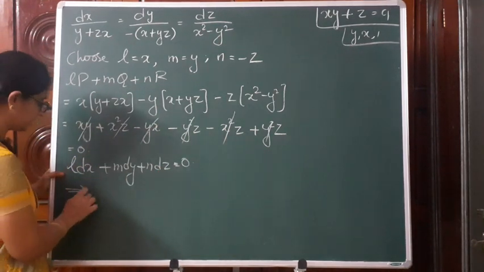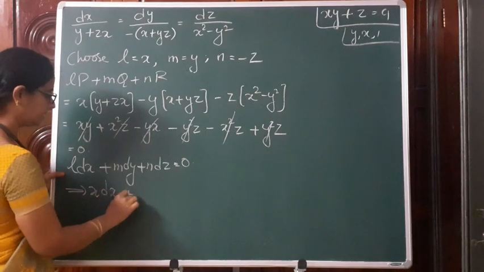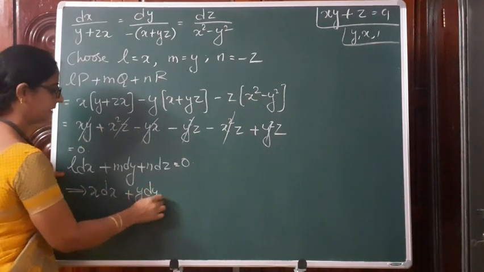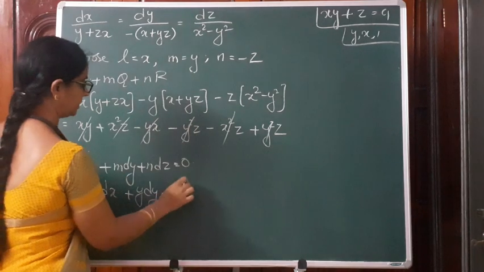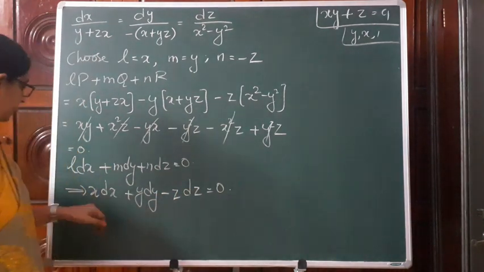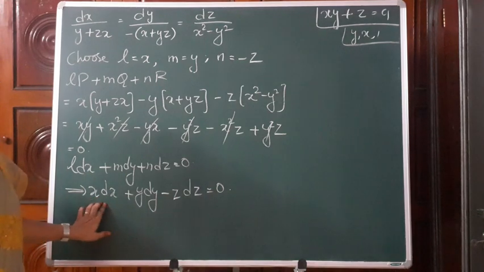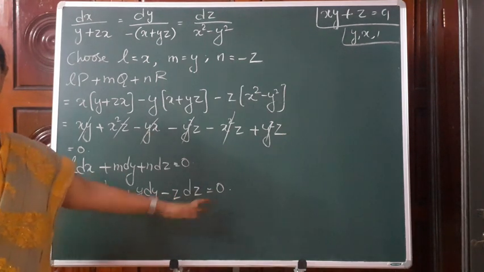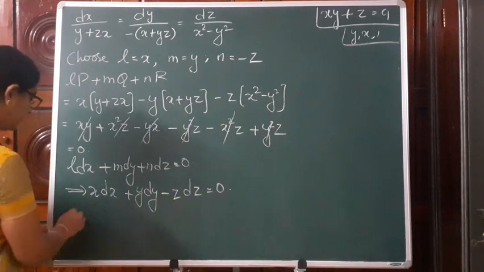Now what is L dx? x dx plus y dy minus z dz is equal to 0. Now we can directly integrate because x terms are with dx, y terms are with dy and z terms are with dz.